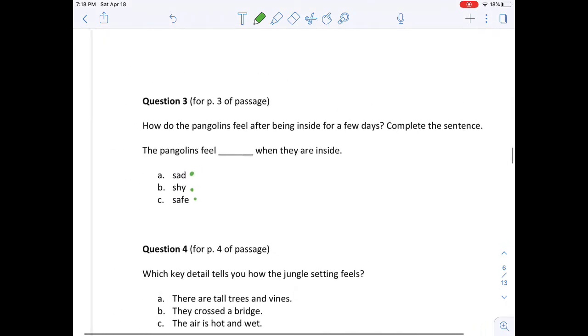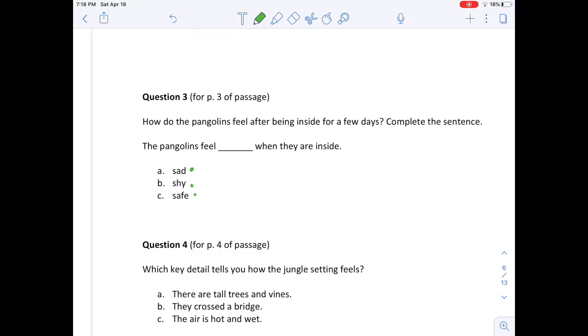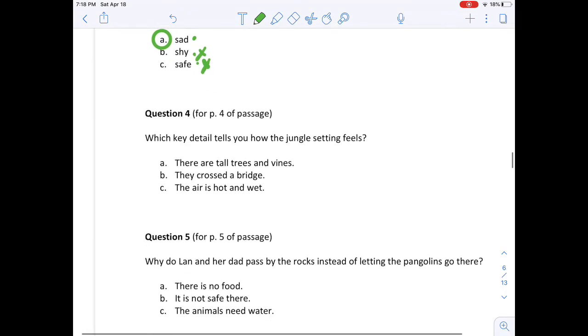Boys and girls, if you didn't move much and you did not eat and you didn't like something, would that make you safe? No. Would that make you shy? No. If you're not eating and you're not moving around, you're probably pretty sad. That's the answer we were looking for.